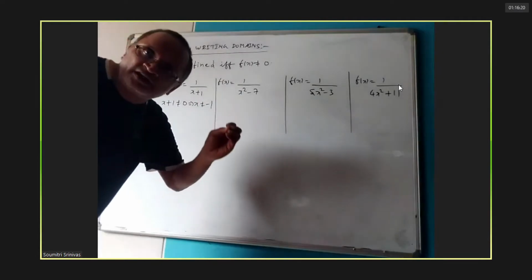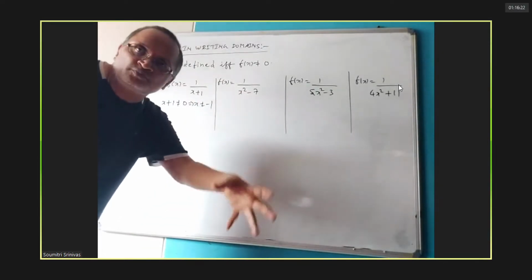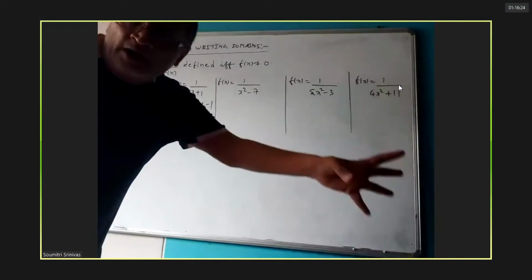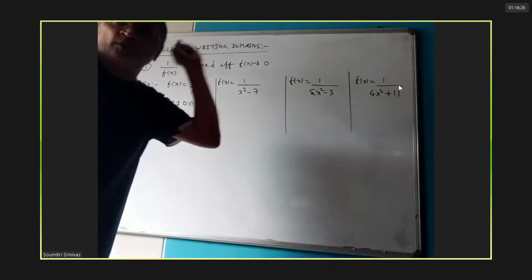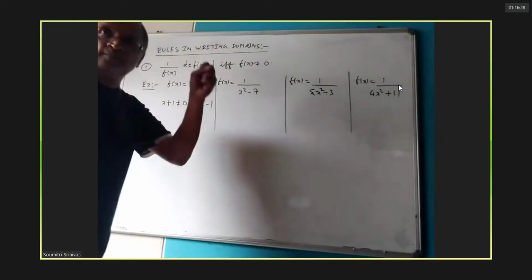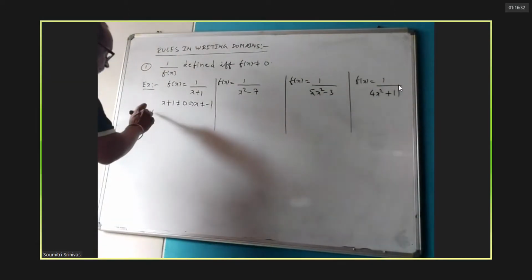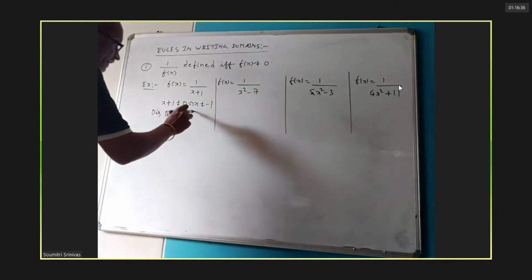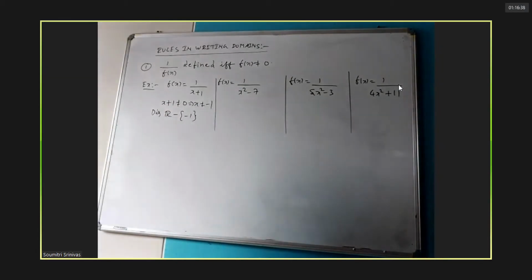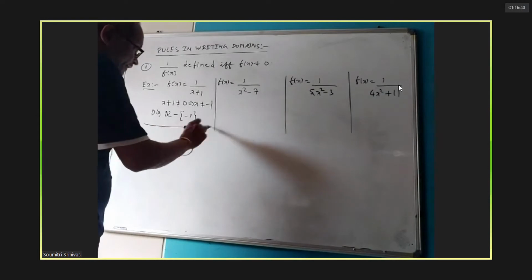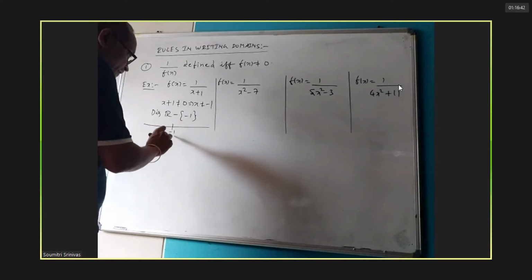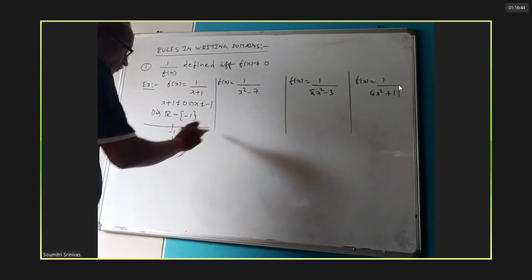This function accepts all real numbers except minus 1. Pick up minus 1, throw it out. So what's the domain? All real numbers except minus 1. On the number line, minus 1 is not included.